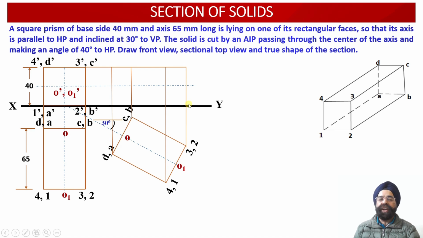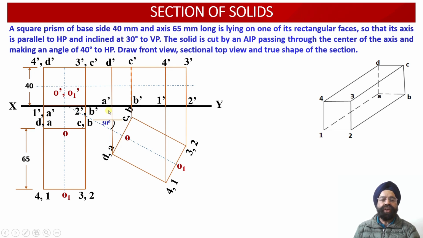Now we are going to obtain the corresponding points of intersection of the vertical projectors through the plan projection view and the horizontal projectors through the elevation projection view. Here we can see this is the vertical projector through the point A, and this is the horizontal projector through the point A dash.